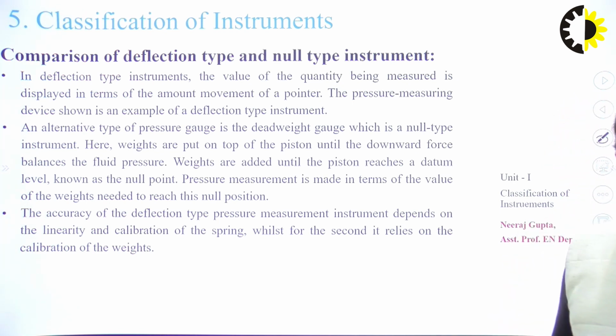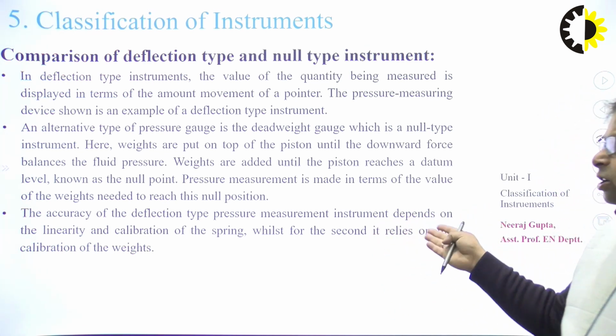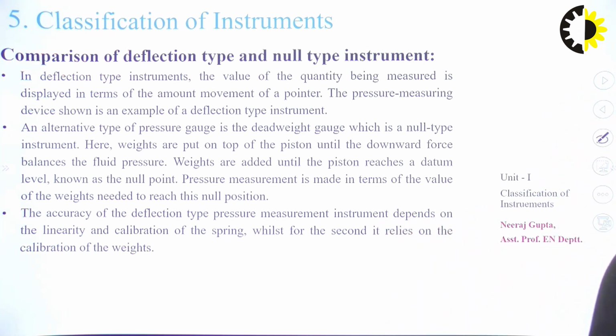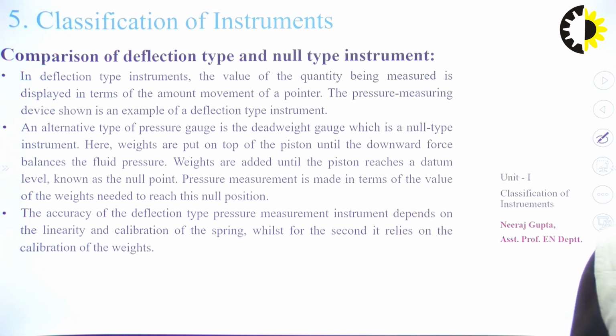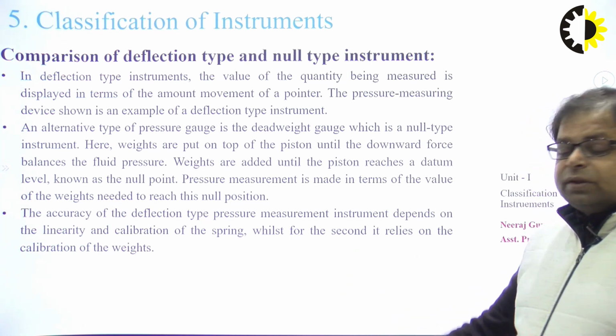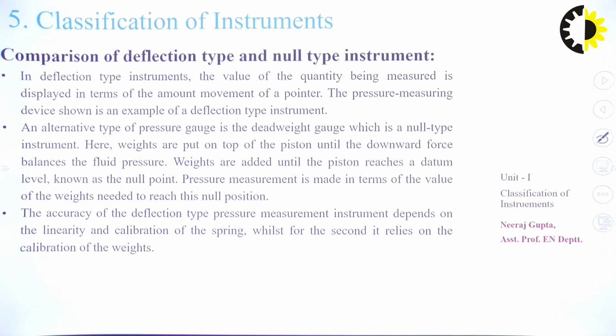When it reaches that point, from the amount of weights we have put there and the cross sectional area, the pressure is calculated. The accuracy of the deflection type pressure measurement instrument depends upon the linearity and calibration of the spring, whilst for the second it relies upon the calibration of the weights. In the first case, obviously, the spring will be the major contributing factor deciding the accuracy. In the second case, the weights that we put on the dead weight tester will decide the accuracy of the instrument.